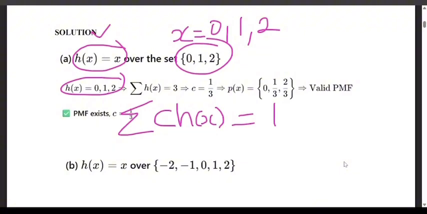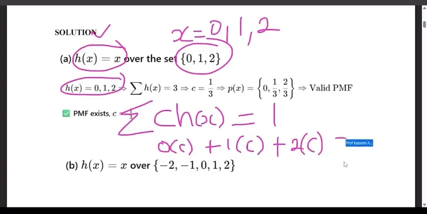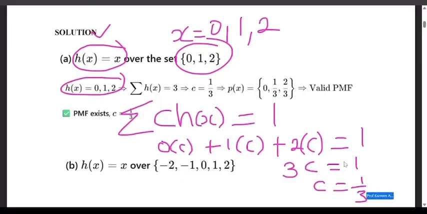So it's 0 multiplied by C plus 1 multiplied by C plus 2 multiplied by C, all equal to 1. When you solve that, you have 3C equal to 1, so C equals 1 over 3. That is how I got 1 over 3 here. Does anyone need clarification on how I figured this out?